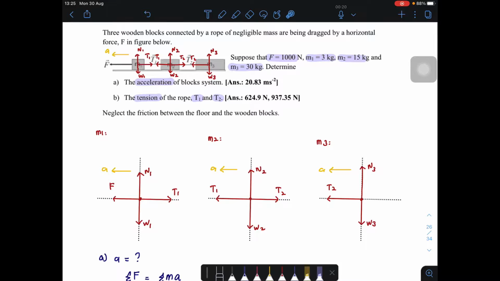As you can see on the diagram, we have the force here that is pulling all of the 3 blocks together. So this is the net force because it is the same force that pulls all three blocks. So the net force here will be equal to the sum of the mass times the acceleration.